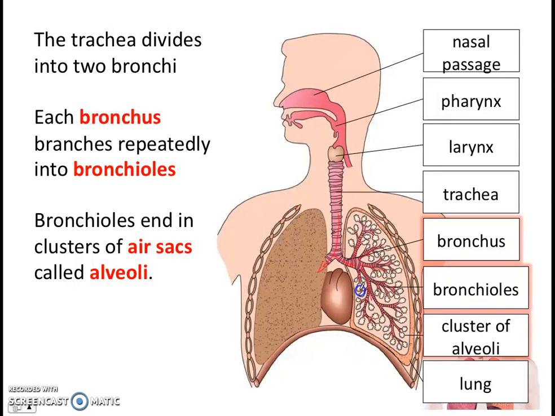Each bronchus will divide into bronchioles, and the bronchioles themselves will keep dividing, keep branching out, and eventually the bronchioles will end in clusters of air sacs called alveoli. Right, so these are the air sacs here. So the bronchioles end in clusters of alveoli, clusters of air sacs.